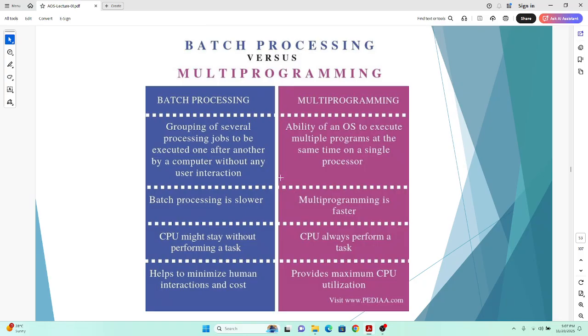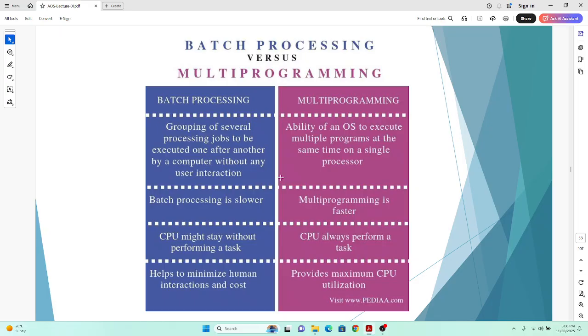So here's a brief comparison between batch processing and multiprogramming. Batch processing basically groups several jobs and one is executed after another, and in multiprogramming we can execute multiple programs at the same time on a single processor. Batch processing is slow, multiprogramming is fast. The CPU might stay idle in batch processing, while the CPU always performs a task in multiprogramming.